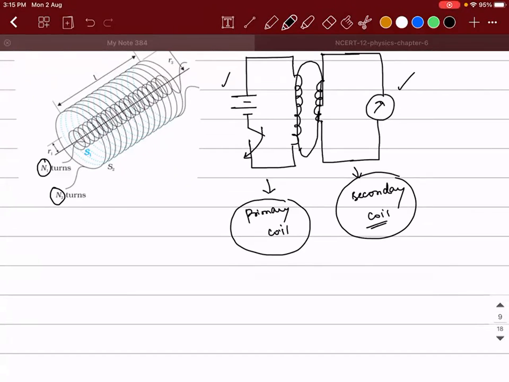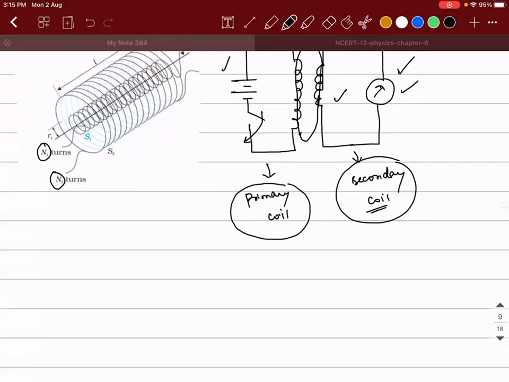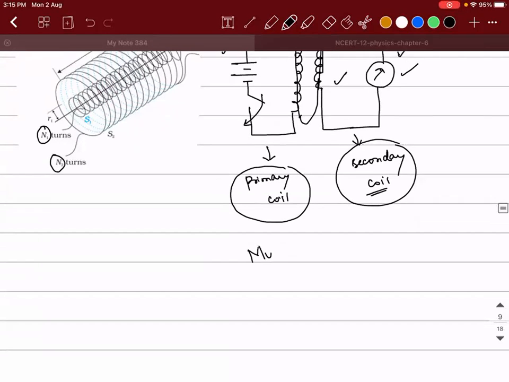So the flux generated by the first coil will get linked to the second coil, due to which there will be a change of flux in the second coil, and you will observe a small deflection in the galvanometer. Clear, guys? And this kind of process is called mutual induction.